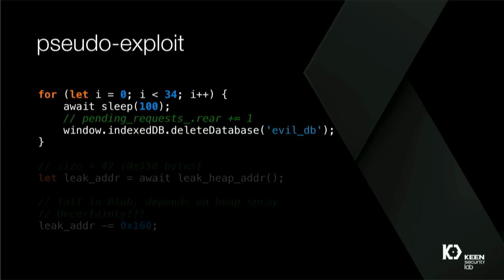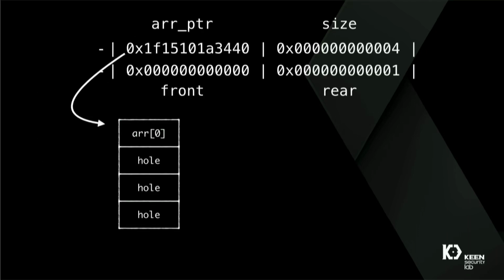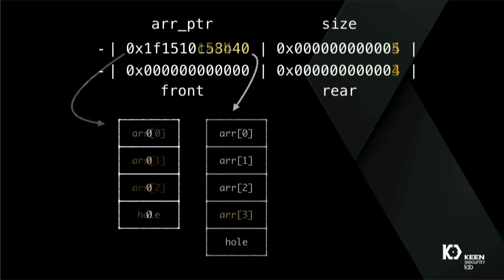Every time we call delete database, the length of the pending requests increases by 1. So here we first increase the length of the queue to 34. Here is the memory of pending requests after the first deletion. And after we delete the database 33 times, the length of the queue goes to 33. And the 34th deletion will trigger realloc.